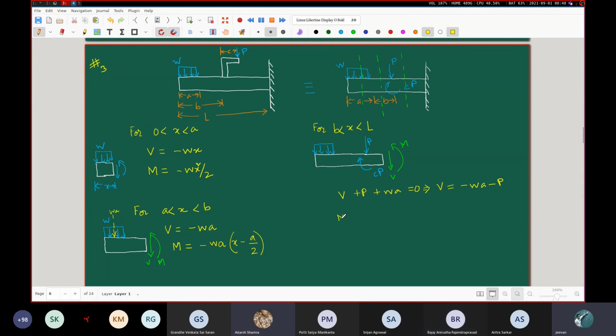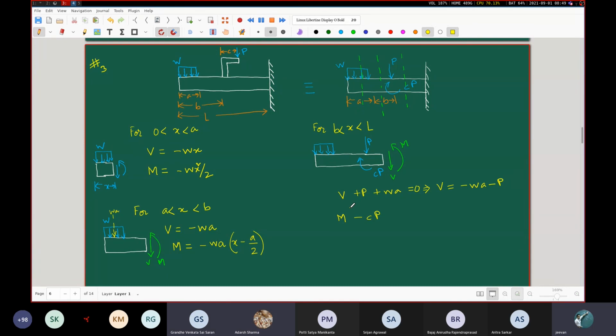So I'm writing out this M first. Again, I'm considering the anti-clockwise sense to be positive, so this is plus M. What is the contribution from this one? That will be minus CP. What will be the contribution from this force P?